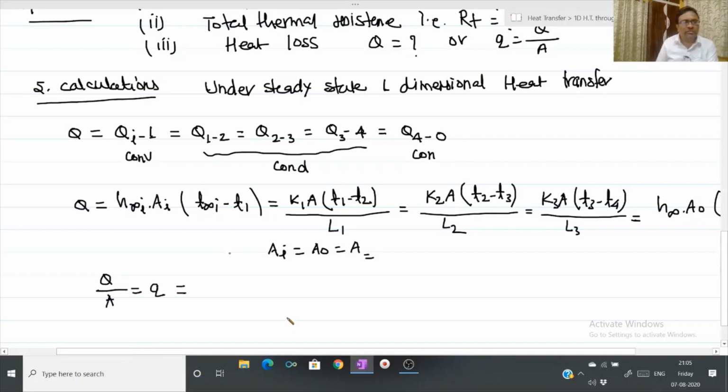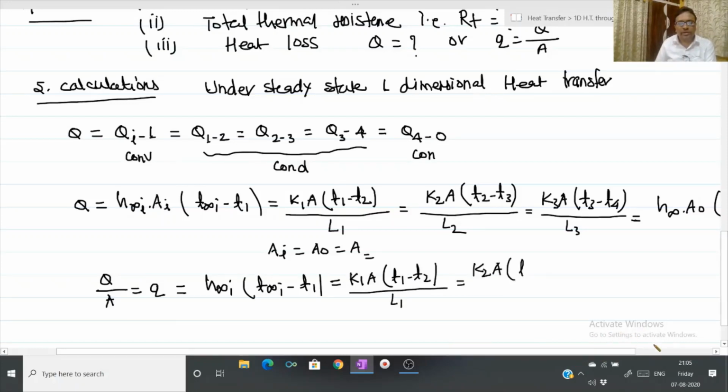So these equations can be written as h infinity i, T infinity i minus T1 is equal to k1 (T1 minus T2) over L1 is equal to k2 (T2 minus T3) over L2 is equal to k3 (T3 minus T4) over L3. Sorry, there won't be any A, extremely sorry.